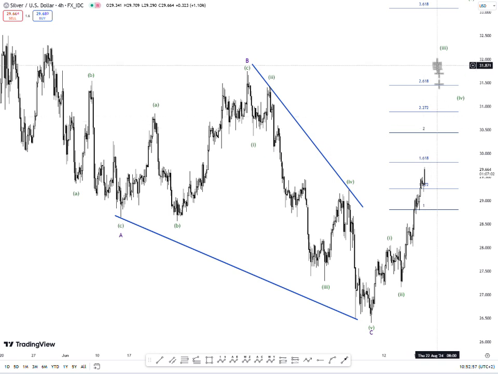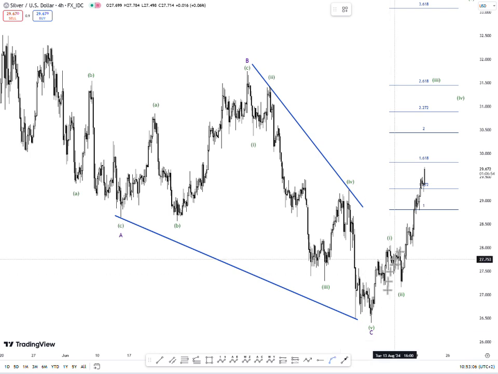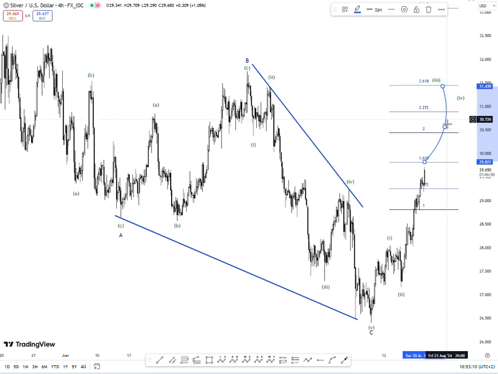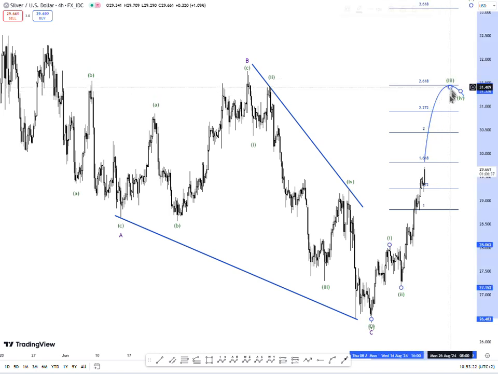We assume wave 3's characteristic is always about being more energetic. That's why you always want to hunt it, because they're always energetic. We might be targeting wave 3 at 2.618, because usually with commodities, their wave 5 tends to extend.